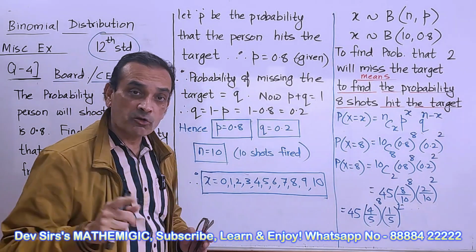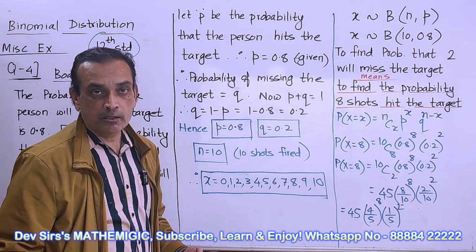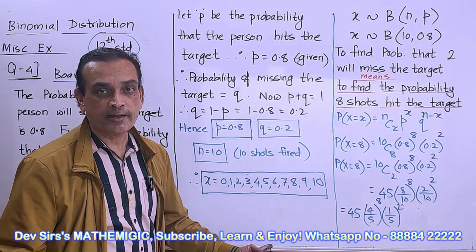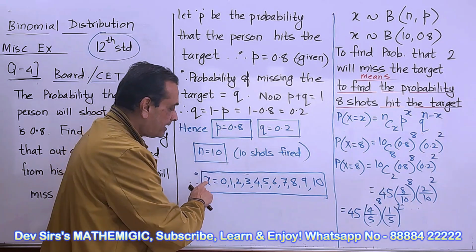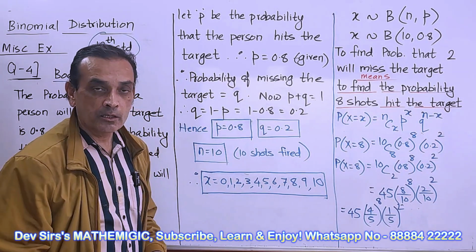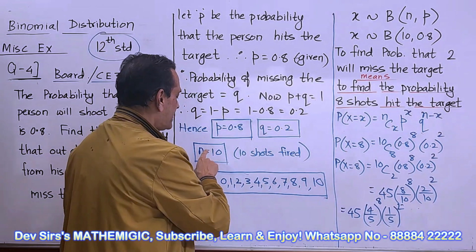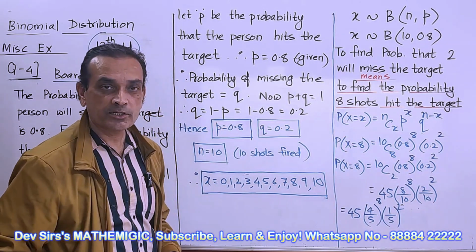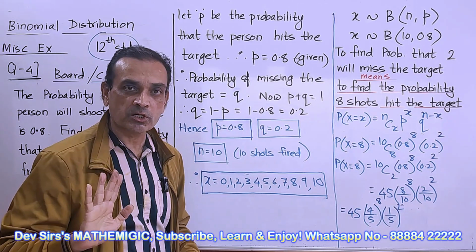So X always begins with 0 because 0 is also possible. Hitting 0 times is also possible. So if n equal to 10, X always goes from 0 to 10. Clear? So 4 things are important: P, Q, n and X. These 4 things are important to use binomial distribution.